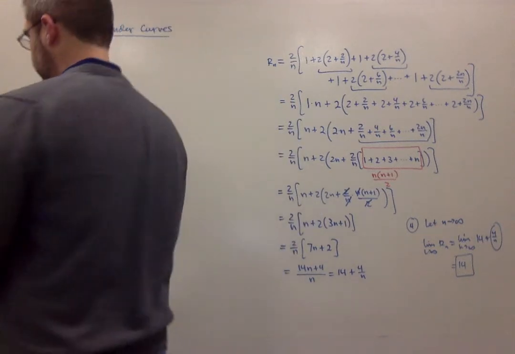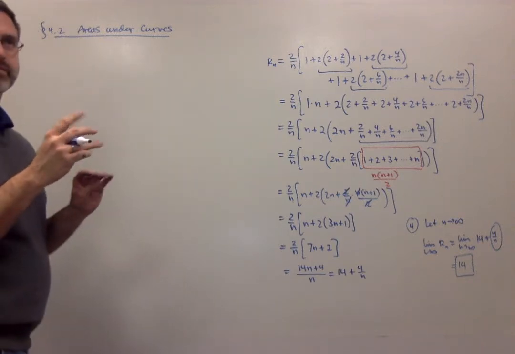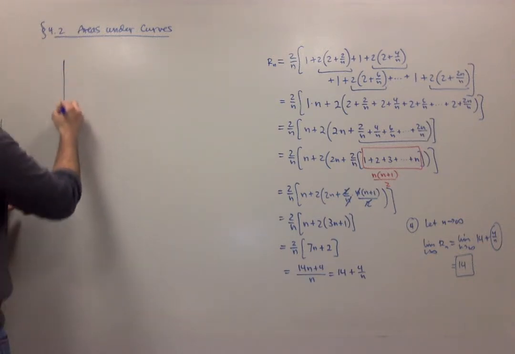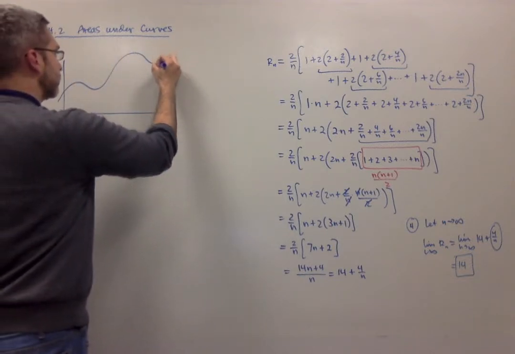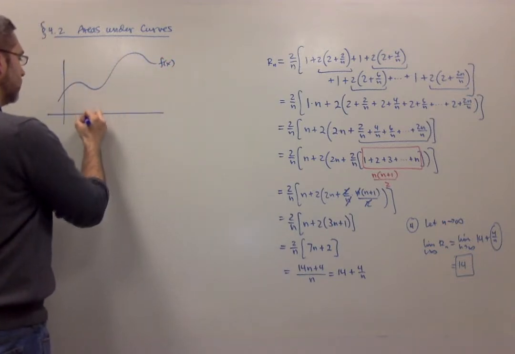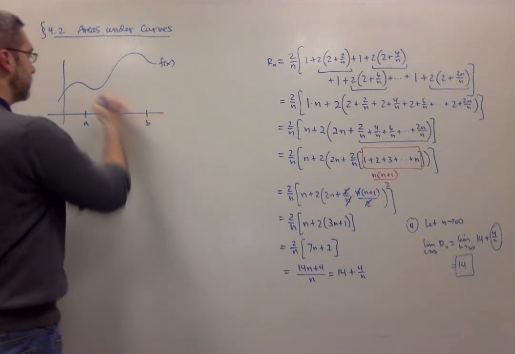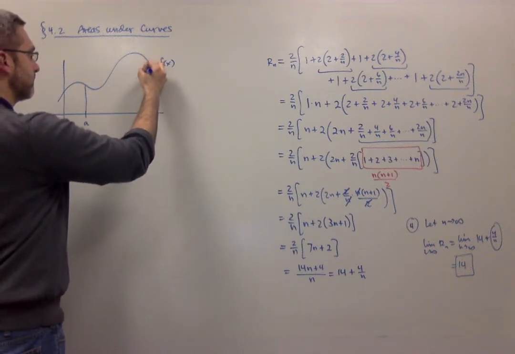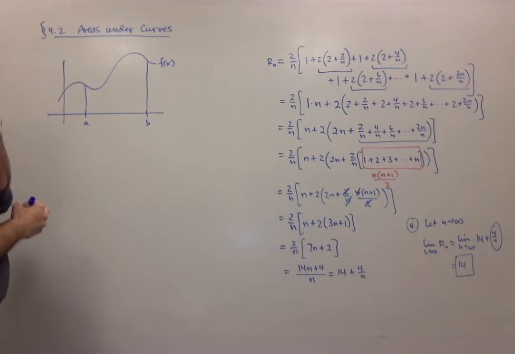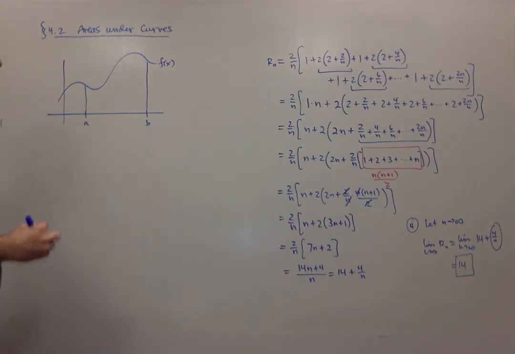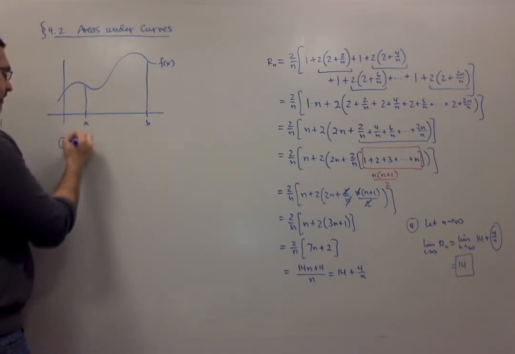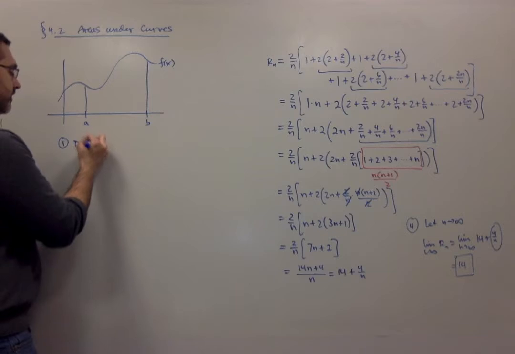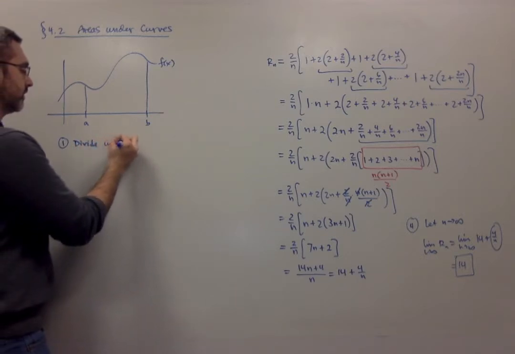If I have a function f of x on an interval from a to b, the way that I approximate the area is, the first thing that I do is divide that interval into n equal pieces.